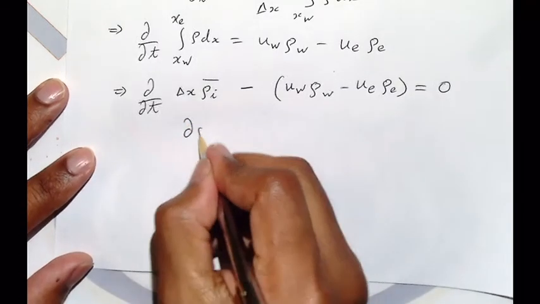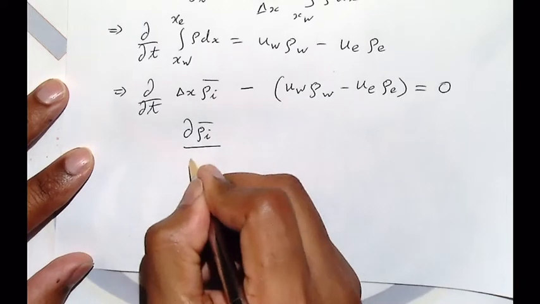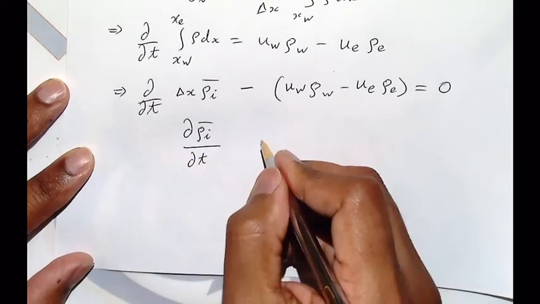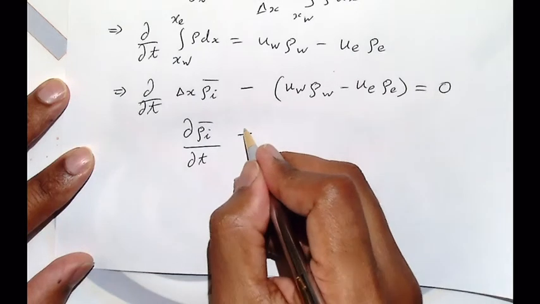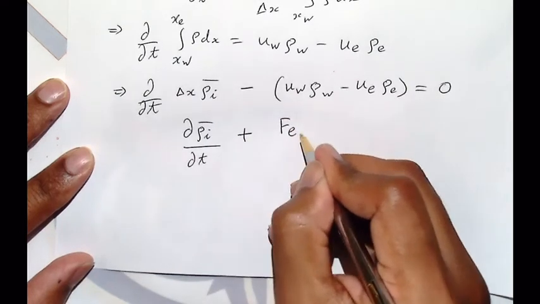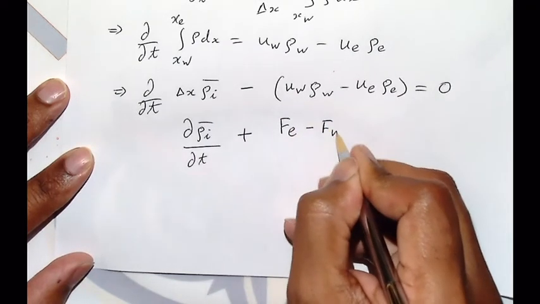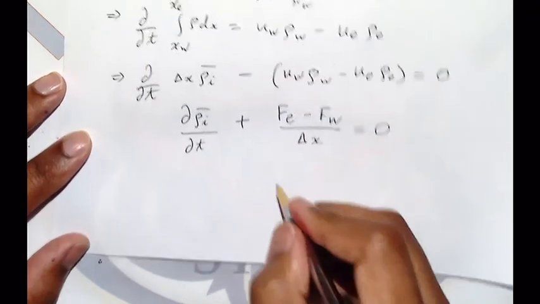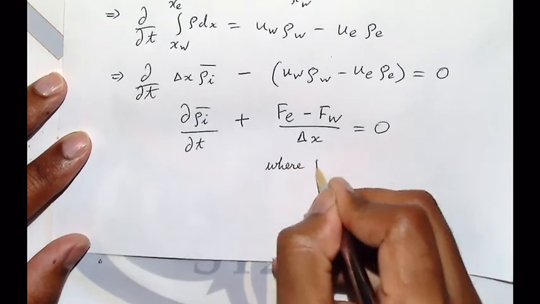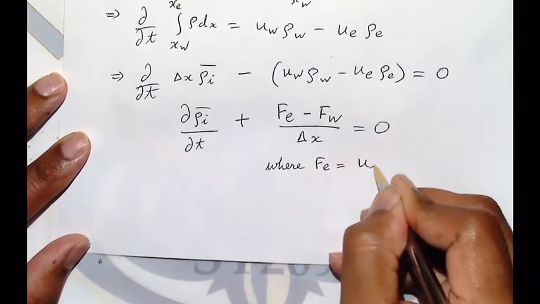This gives me the rate of change of average rho inside the cell, plus flux east minus flux west over delta x equals 0, where flux east is basically u east rho east.